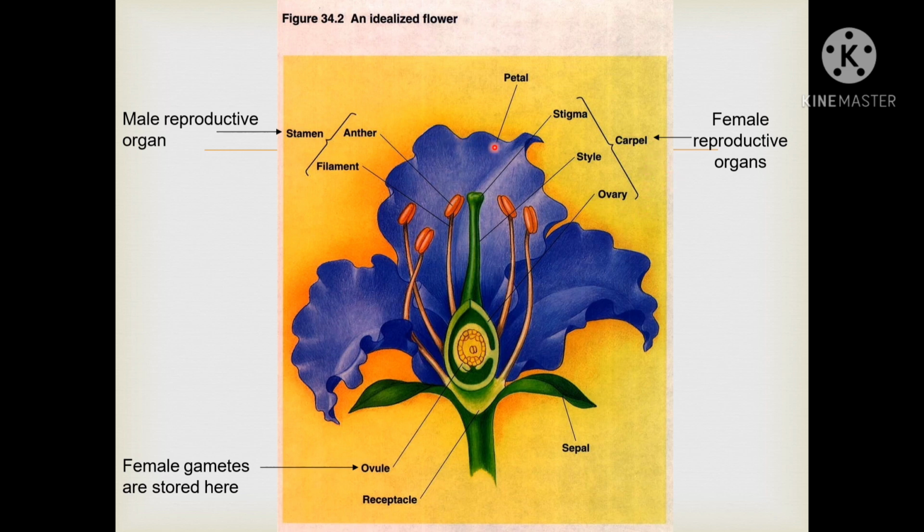This part is the petal, and the female gametes are stored in the ovule. This part is the receptacle, then this one is the sepal. Usually, we use a gumamela flower in identifying the parts of a flower.